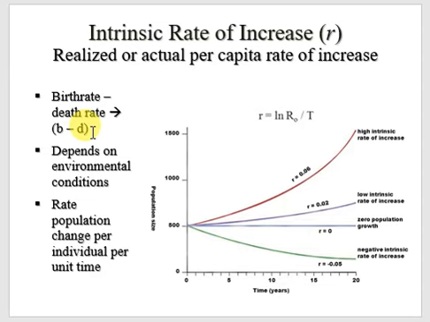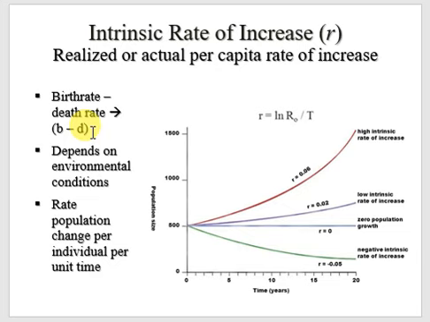If you had an r value equal to 0, that would indicate a stable population. So if it's greater than 0, a positive number, it's growing; equal to 0, it's stable; less than 0, a negative number, it's decreasing.